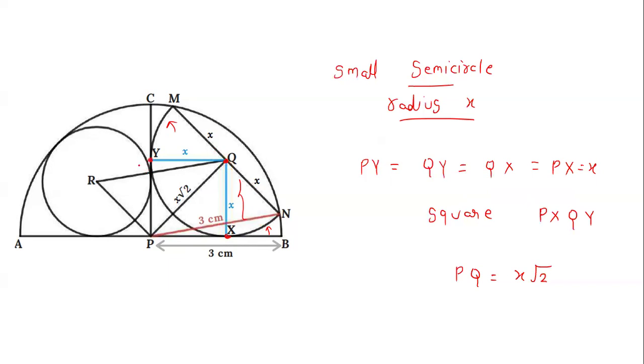Y point is also on the semicircle and this will also be equal to x, because if from the center you join any point on the circle, the distance between that point and the center is equal to x.